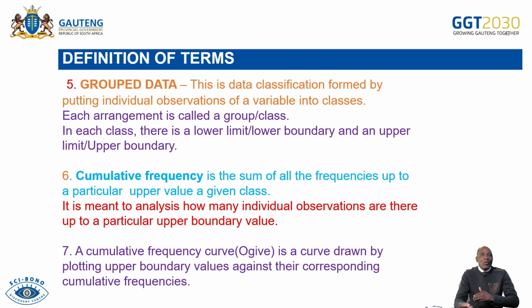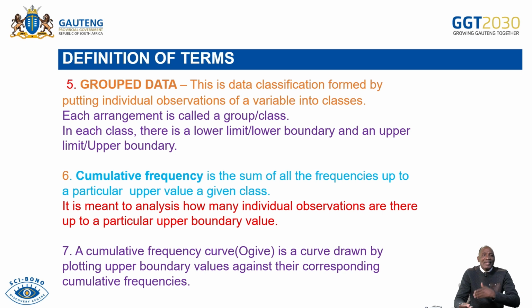We also have what we call cumulative frequency, which is the sum of all the frequencies up to a particular value, up to a particular upper value of a given class. Our classes are 0 to 10, 10 to 20. We are saying up to 10, how many observations did you make?